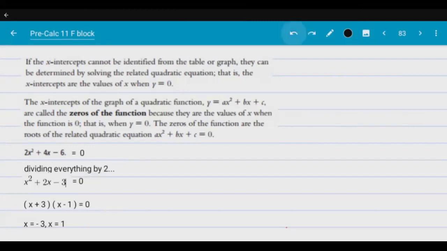And then factoring, this is what we have. We already know that to find the values for x when we have a factored form, each of these factors would be made equal to 0. And therefore, our x would be -3 and 1, which is what we just got from the previous check your understanding. I think that makes sense. Let's move on to the next one.